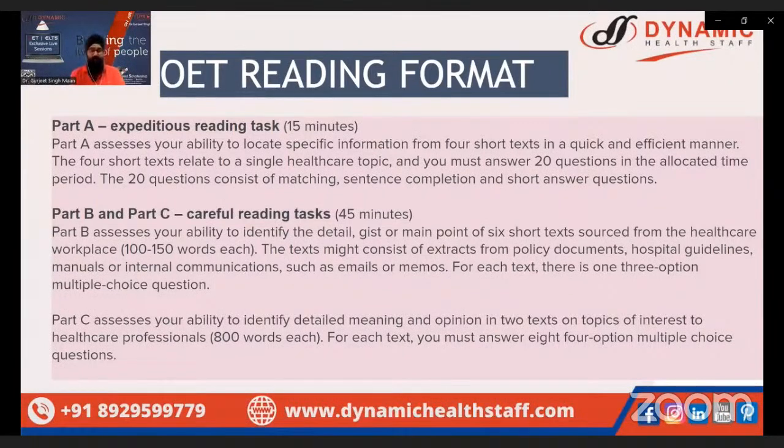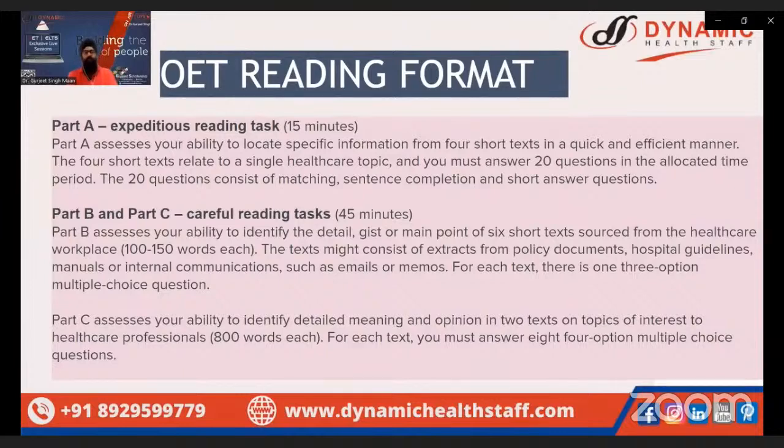That is one of the big tasks because we have to manage our time. So our first approach should always be time management. We have to learn how to manage our time and finish these 20 questions in 10 to 12 minutes itself, and that you can easily attain with a bit of strategy learning and practice.